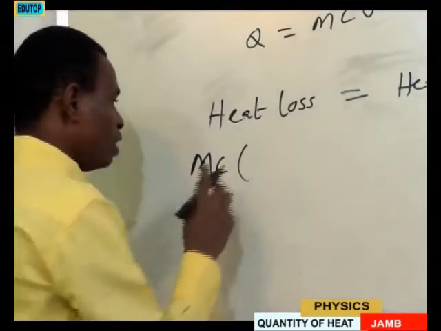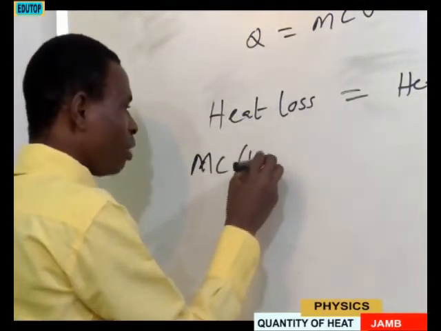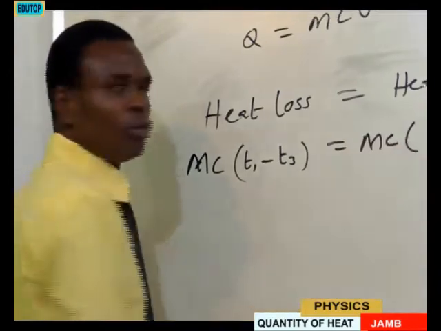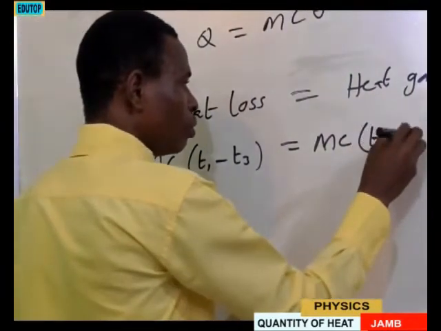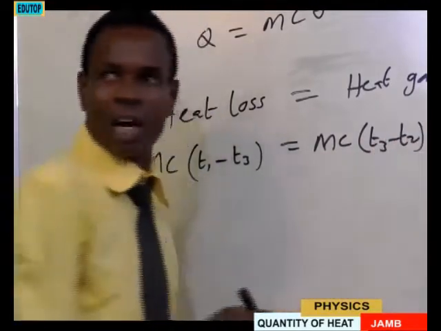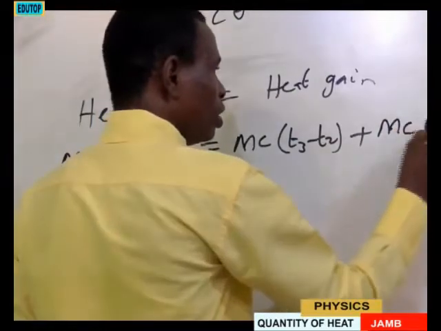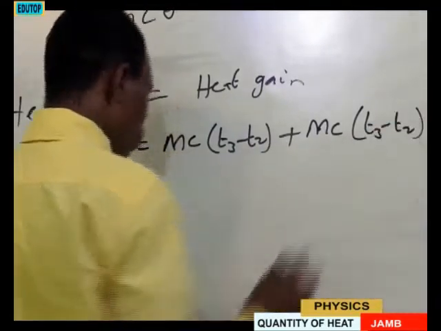Okay? In terms of temperature, we will have something like this: mc(T1 - T3) = mc(T3 - T2) + mc(T3 - T2).